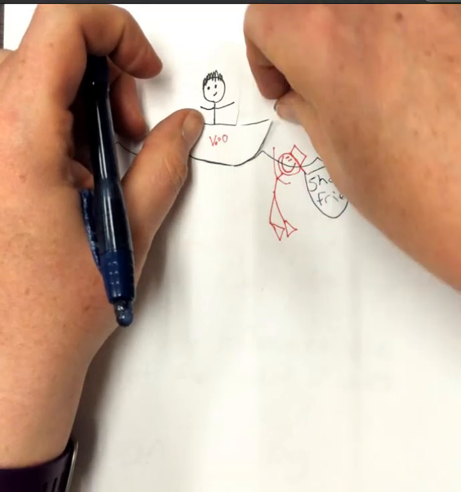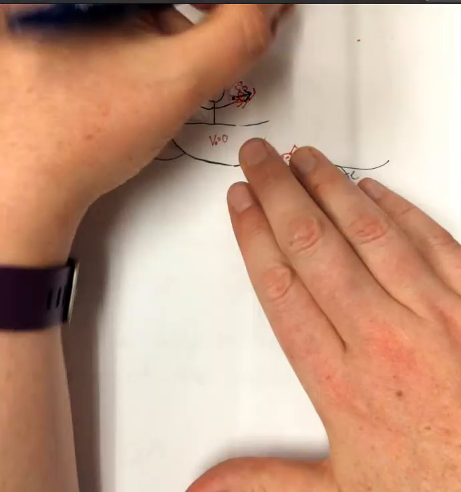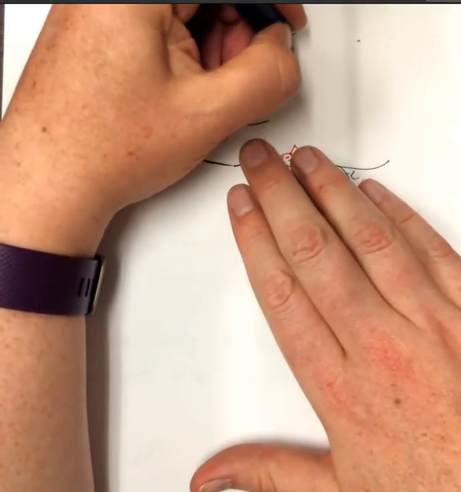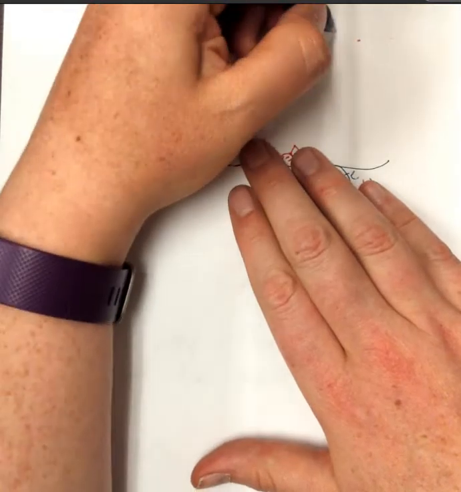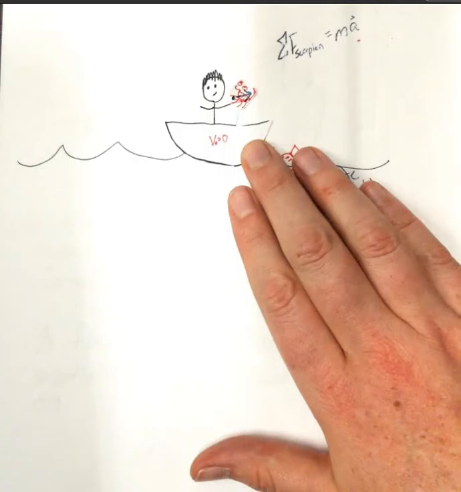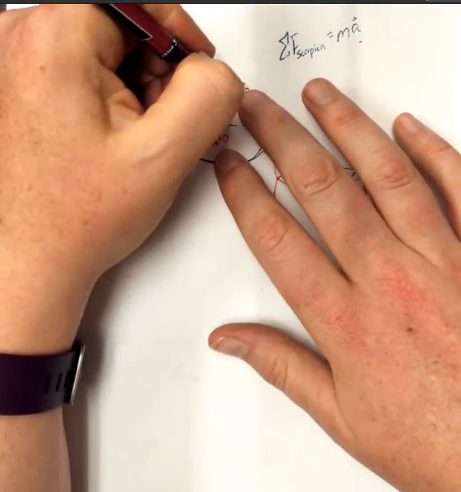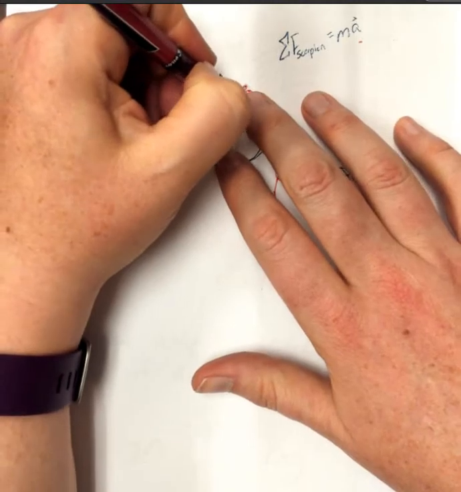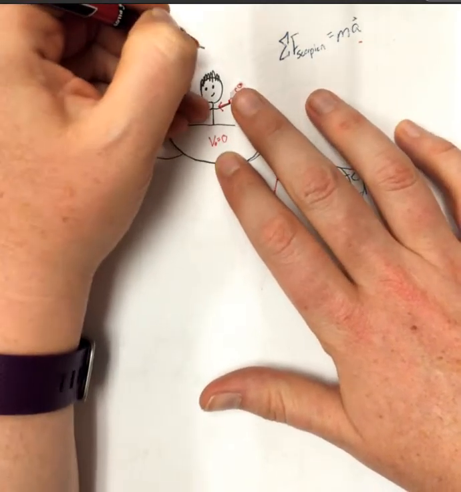So that means that in this case, if we can neglect air resistance, the net force for the Scorpion is going to be equal to the mass of the Scorpion times the acceleration of the Scorpion. But according to Newton's third law, if you apply a force to the Scorpion, then the Scorpion is going to apply a force to you in the equal and opposite direction.